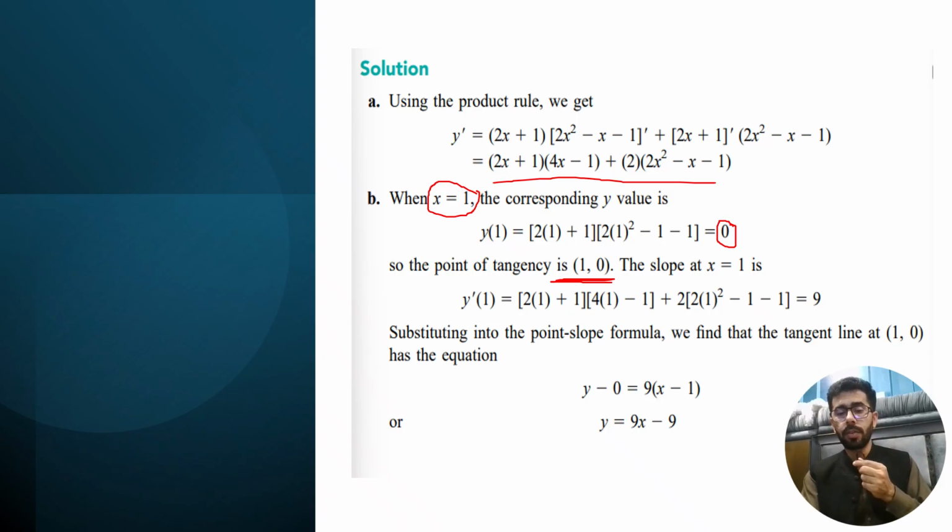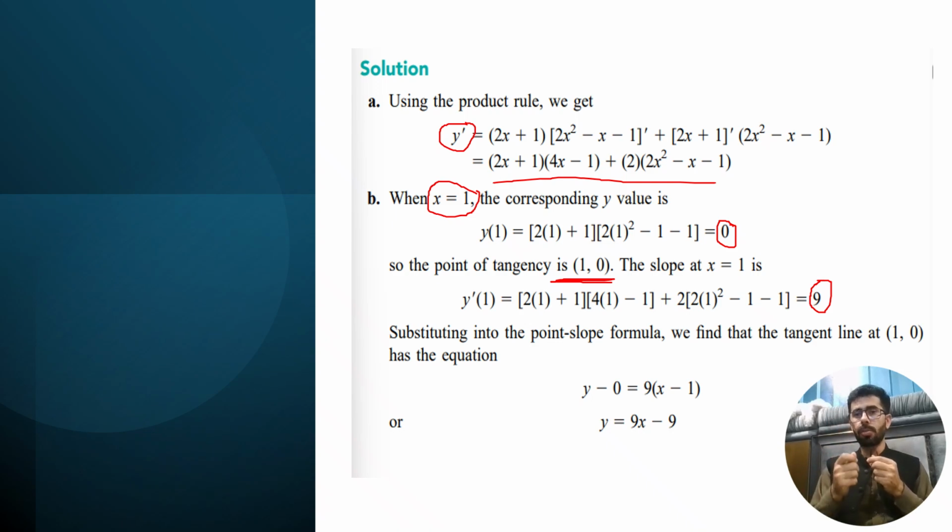Now if we find the slope of the tangent line at this location 1 comma 0, we put the value of x to be 1 in the y derivative. Okay, we take y derivative and put x equal to 1 and our answer is 9. That means the derivative of the y function when x is 1 is 9.